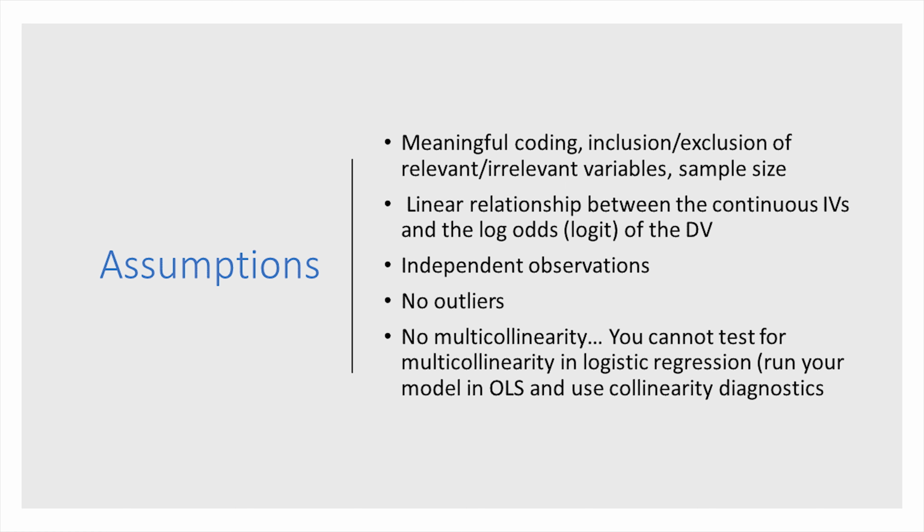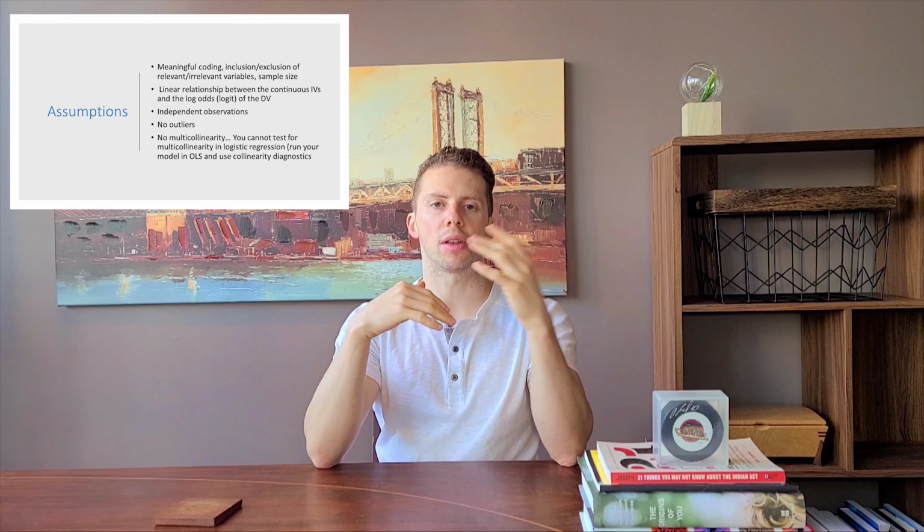Here are the assumptions associated with logistic regression. We'll start with the idea that we actually have to have meaningful 0 and 1 categories. We have to remember with the best linear unbiased estimate, we have to be including all relevant variables, and that's the same case here. And we want to have that 15:1 cases to variable ratio just like in linear regression.